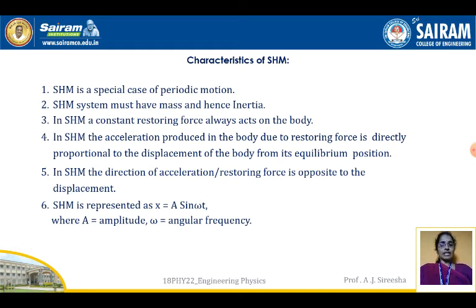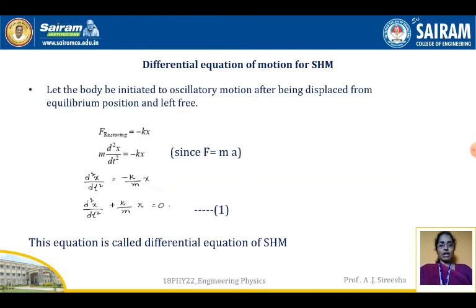Therefore, we are taking the cosine function and sine function as simple harmonic motion, and we are going to derive the equation now: the differential equation of motion for a simple harmonic motion. Using the sine function and the cosine function, we are going to develop a differential equation for simple harmonic motion.